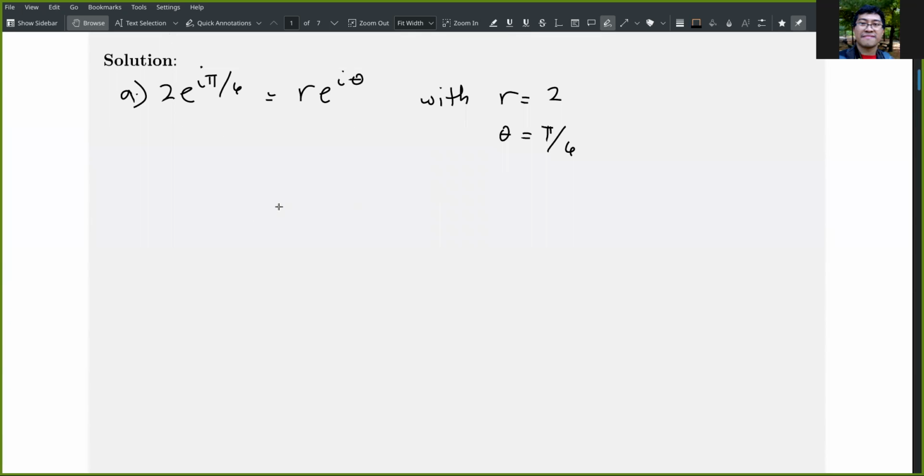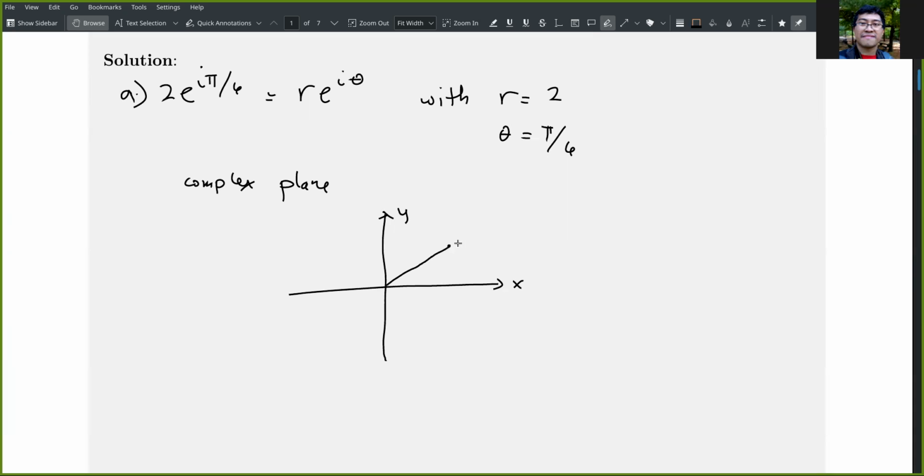So if we look at the xy complex plane, the angle pi over 6 is over here.